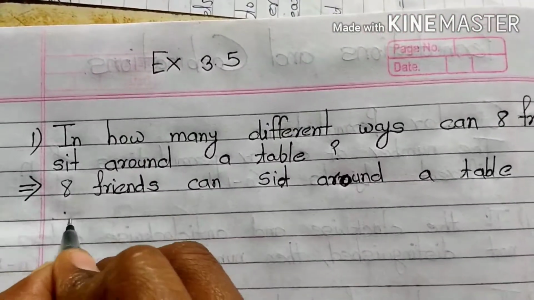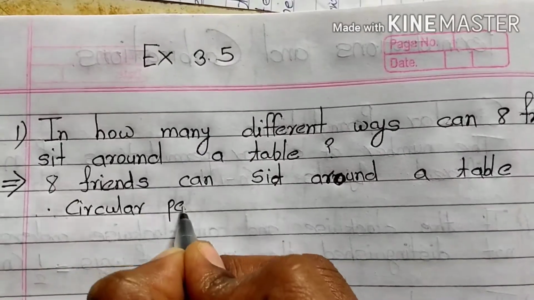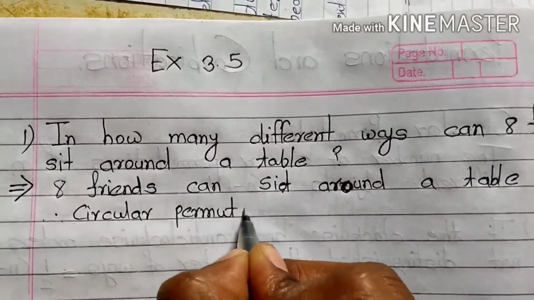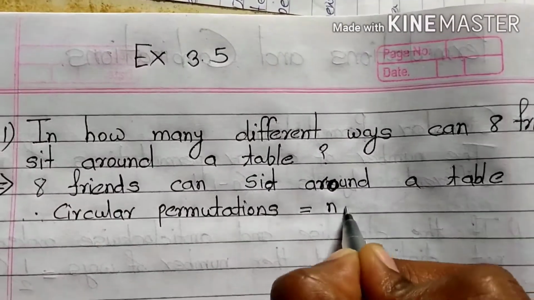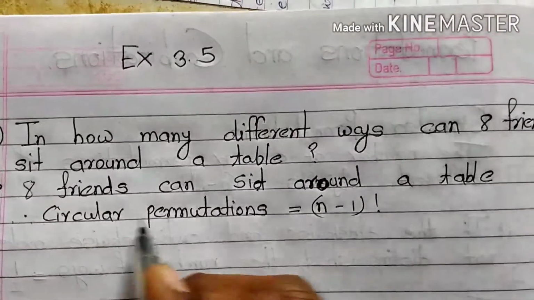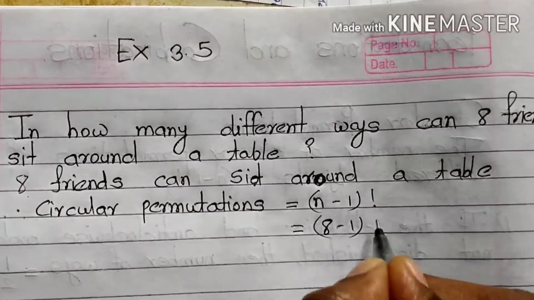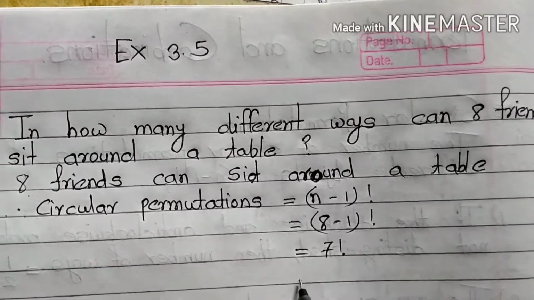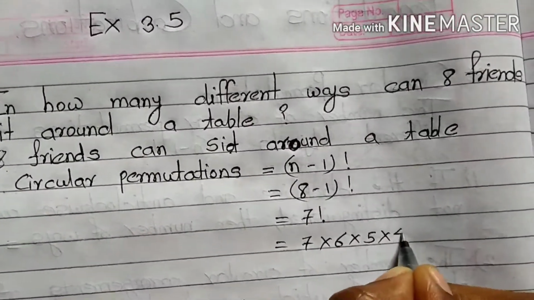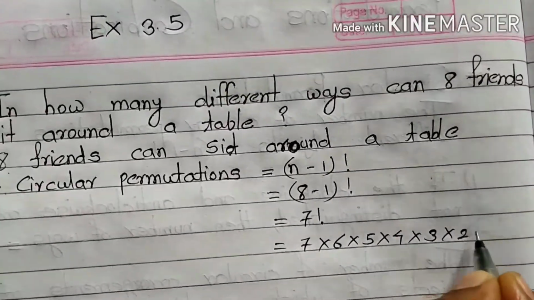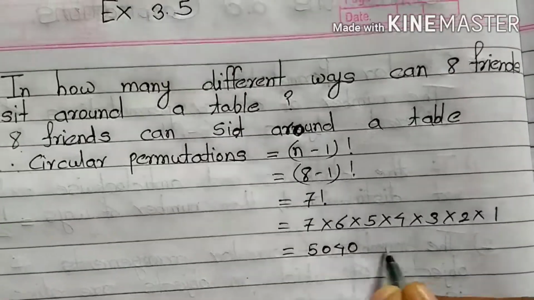Okay, therefore circular permutation is equal to (n minus 1) factorial. So here n is 8, so this is 8 minus 1 factorial, which is equal to 7 factorial. So 7 into 6 into 5, 4, 3, 2, 1, which is equal to 5040 ways.